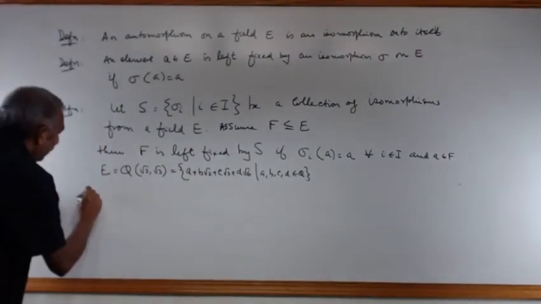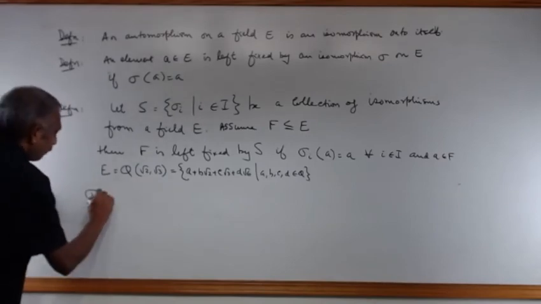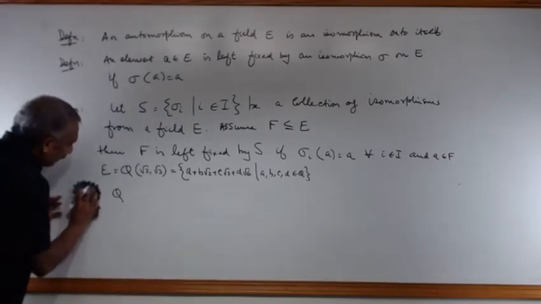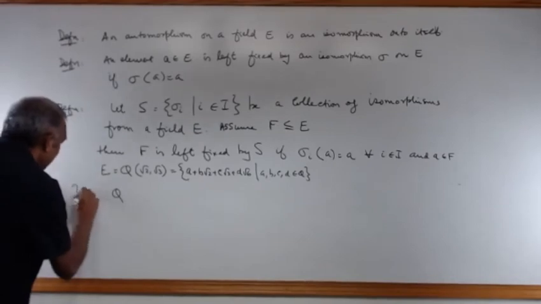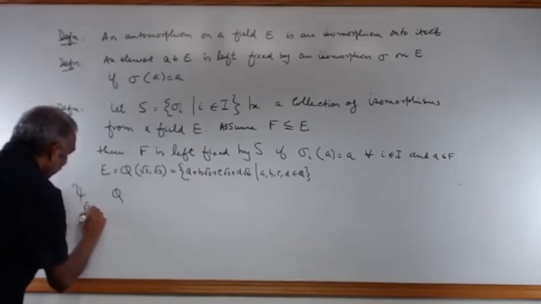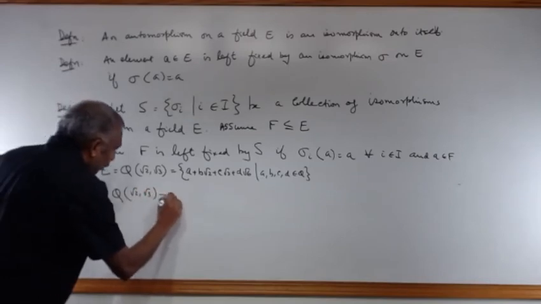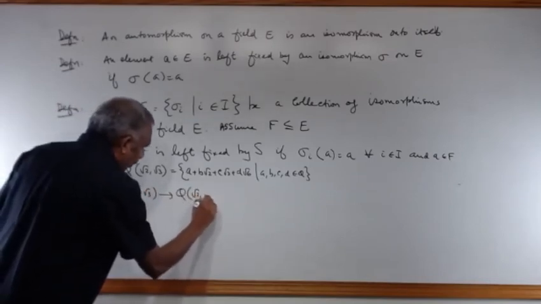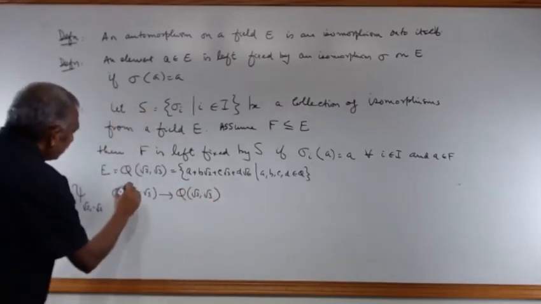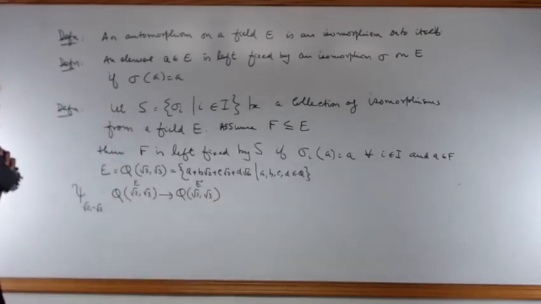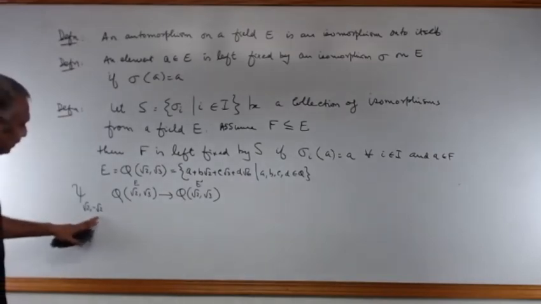Now we are going to define a map. Actually, we are going to define the conjugate map psi of root 2 comma minus root 2, from Q of root 2 comma root 3 to Q of root 2 comma root 3. This is our E and this is our E dash. And what is the definition of this?